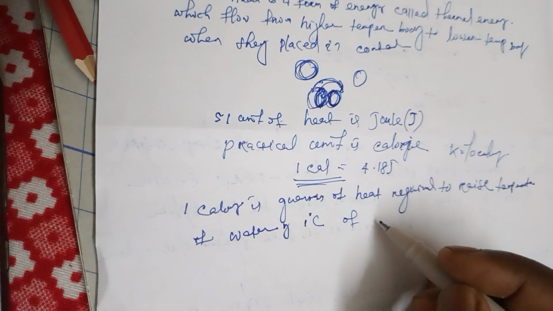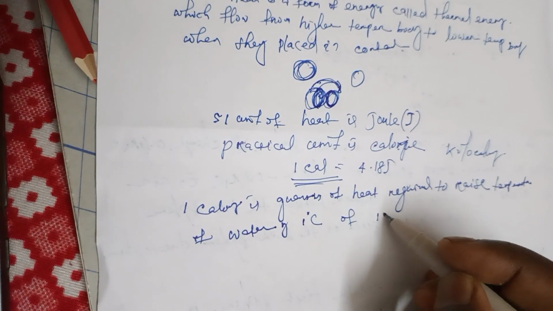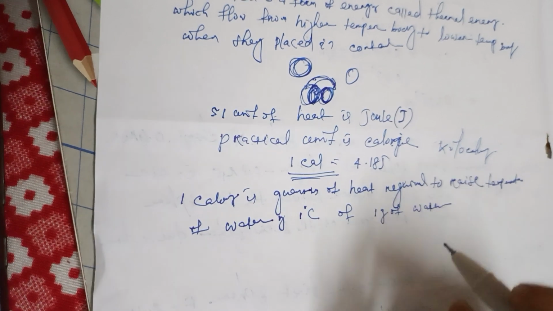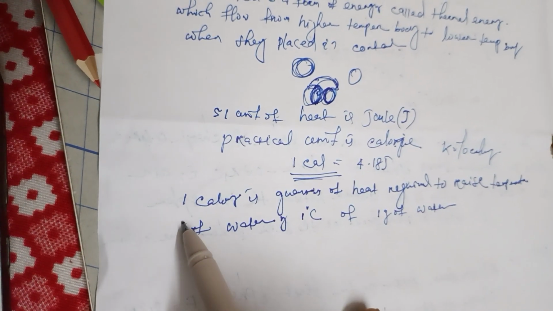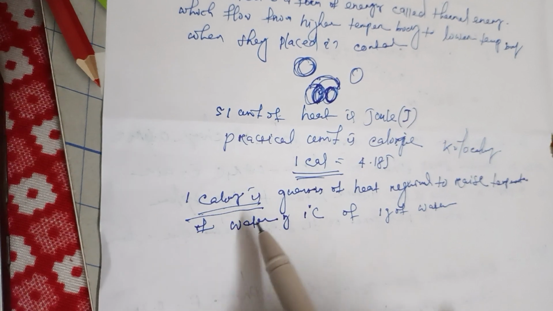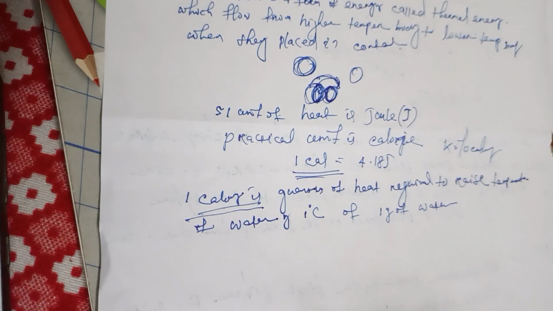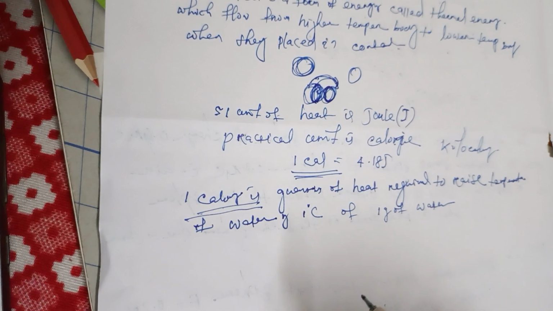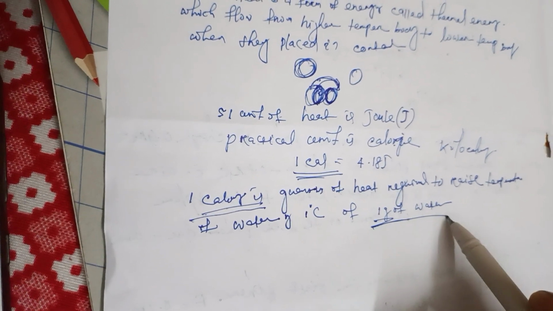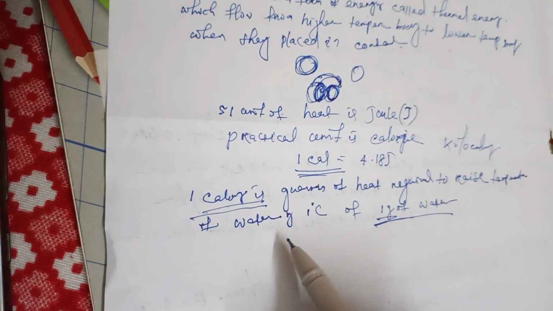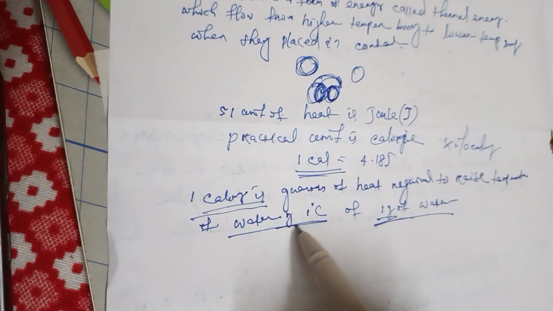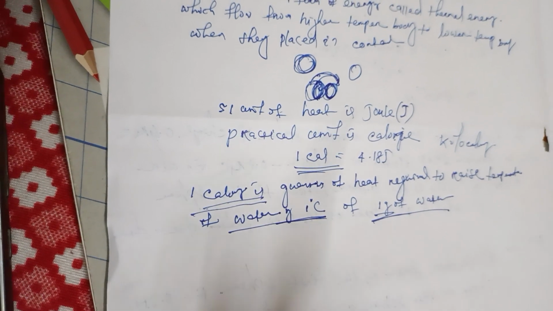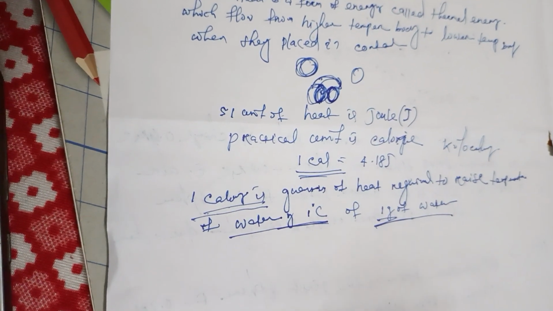Means that much amount of heat, when 1 gram of water is raised by 1 degree centigrade, that is known as 1 calorie heat.